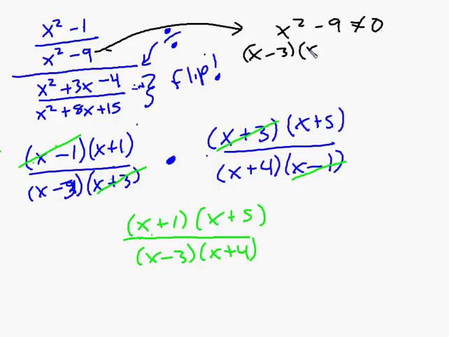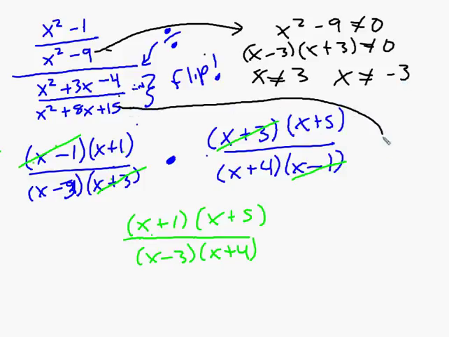I've already factored it, so I don't need to factor it again. And I say x is not 3. x is not negative 3. And then I do the same thing for this one. Everything I did in black here is a restriction, and I'm not going to factor that a second time. It can't be negative 3. It can't be negative 5 either. And I don't need to list negative 3 twice.